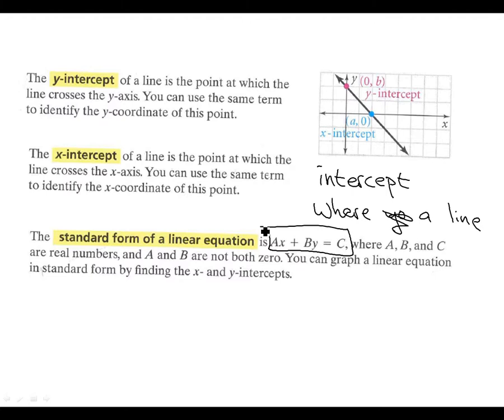All right, we want a and b to not be 0. So here's an example. 5x plus 2y equals 7. Right? All the x's and y's on one side, the regular constants on the other. All right? If you get it in this form, it makes it really easy to find the intercepts, as we're going to find out in the next example.